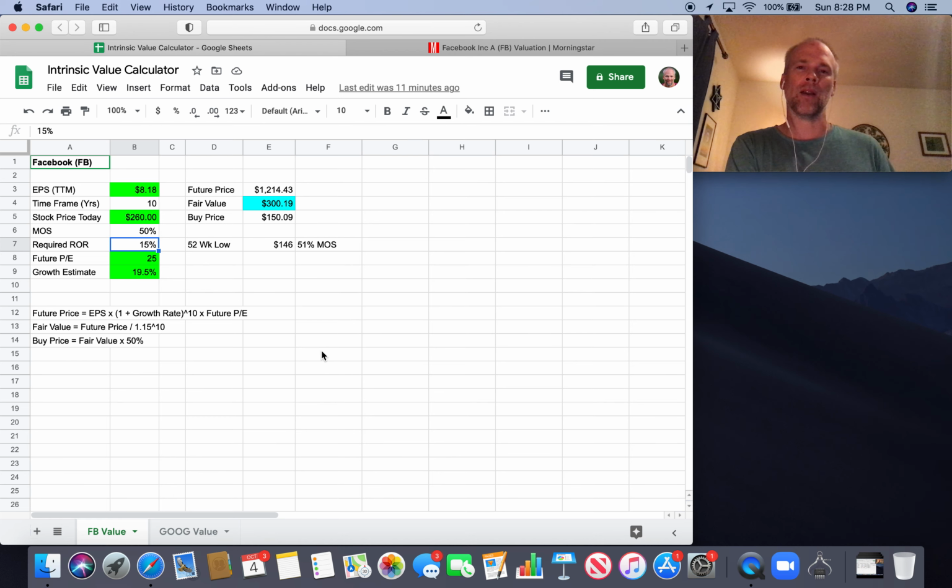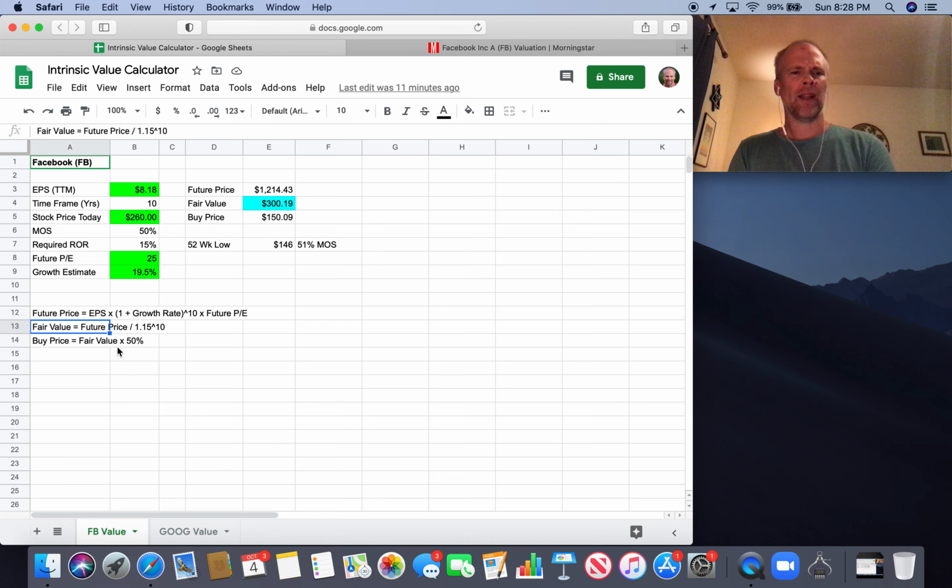You just buy an index fund and it's averaged 10% per year over the last number of decades. So if we're going to be picking individual stocks, we want to be compensated for doing that, and that's where this 15% comes in. It's a bit of a premium to what you'd get just from buying the market.